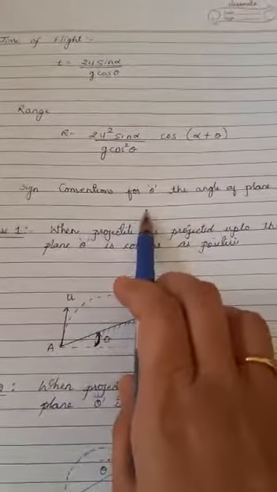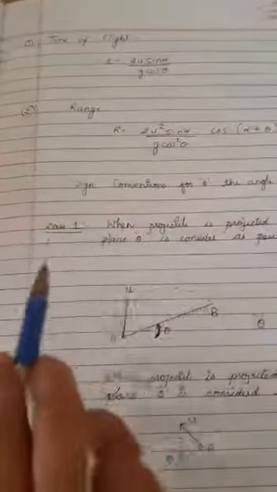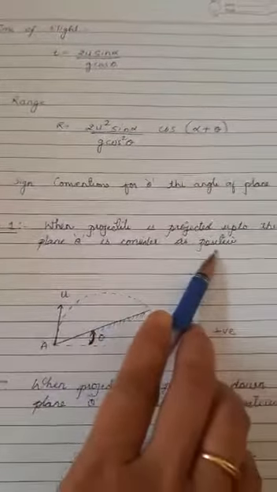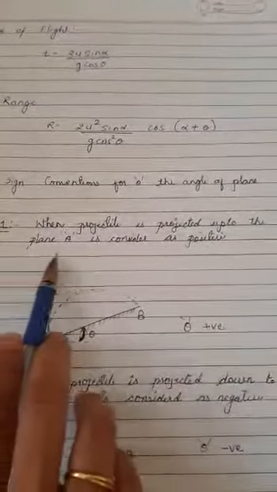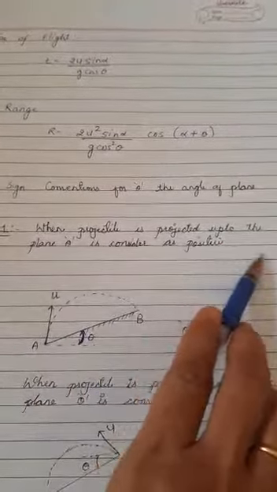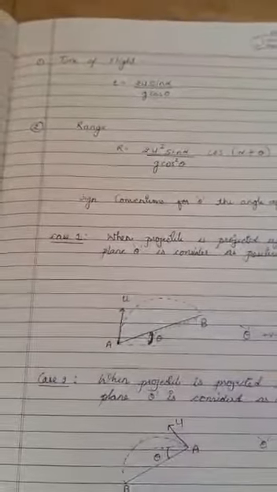So here we'll consider some sign conventions for theta. Consider case number 1, when the projectile is projected up the plane, the value of theta is considered as positive.